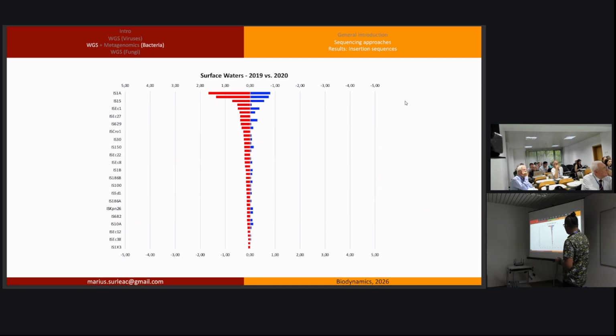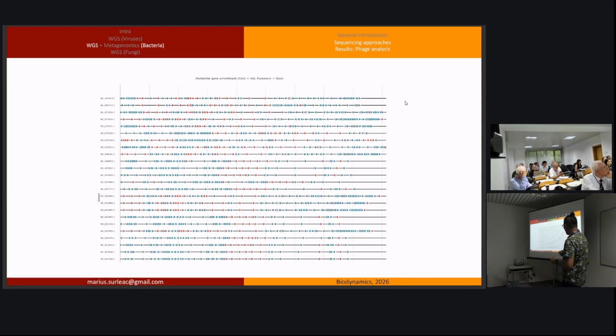And we can also compare by years, and in this case we compared some insertion sequences between 2019 and 2020. I don't know if it's correlated with the SARS-CoV-2 pandemic, but in 2020 we noticed a decrease in these insertion sequences in bacteria. I don't know if it's due to more care for hygiene, but we notice some differences, and this is not the only one.